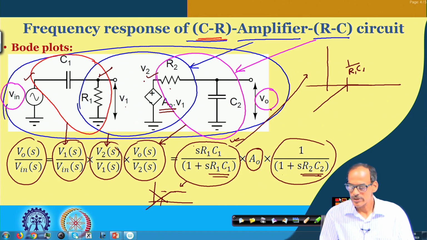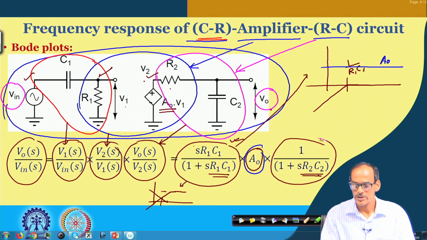The middle portion, on the other hand, has a constant gain defined by A naught, and then the RC part has a pole, and its behavior is a low pass kind of behavior.